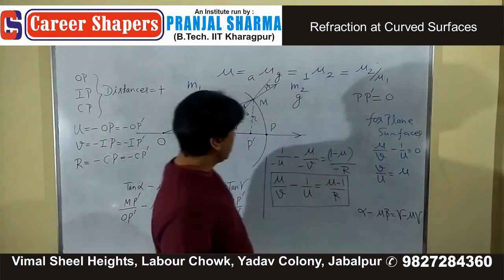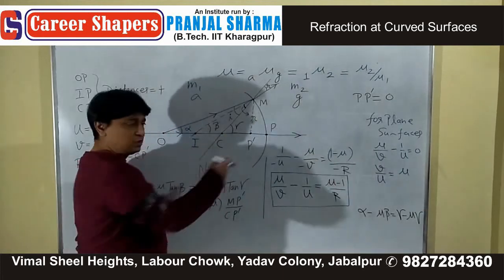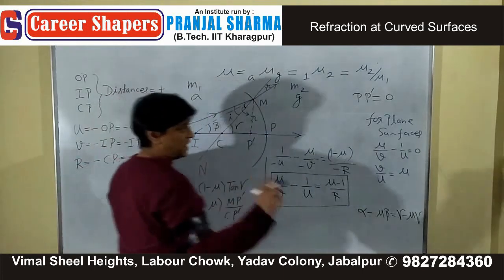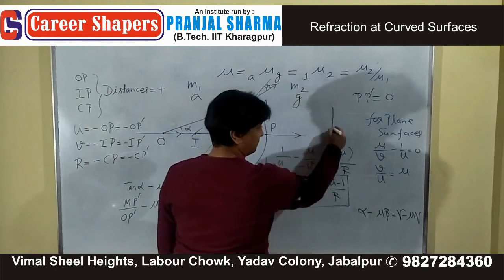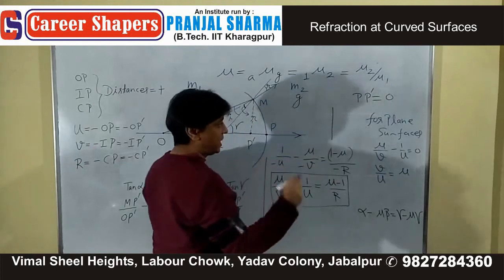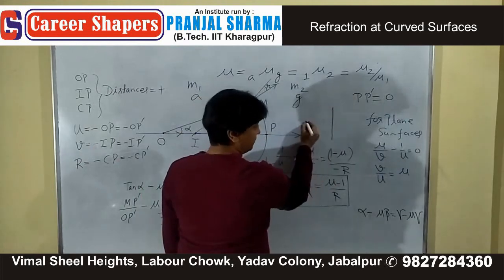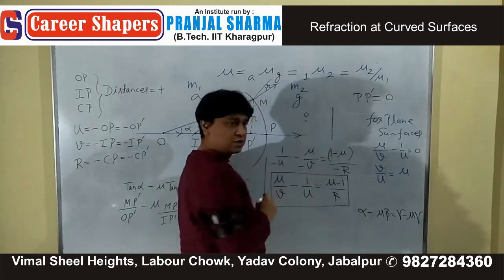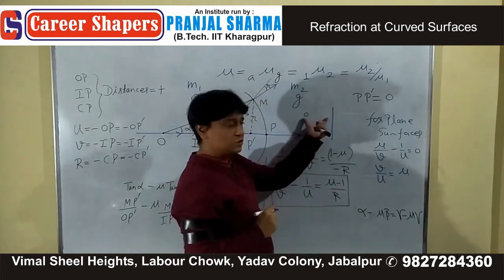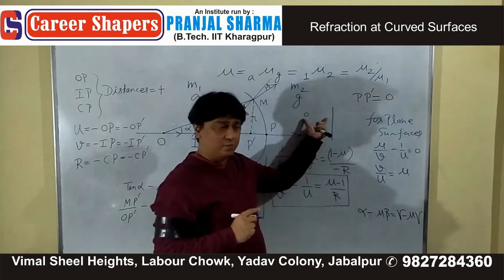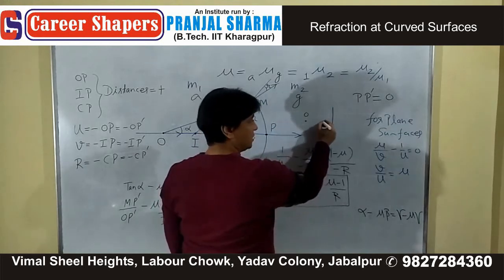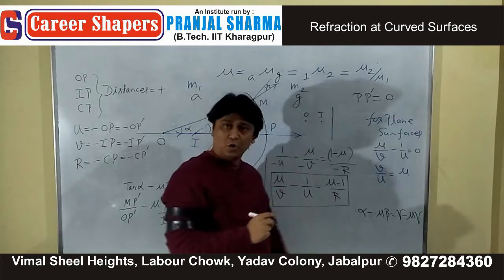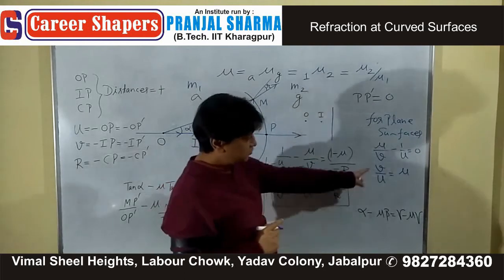Shift, cross multiply, V upon U equals to mu. If you consider the whole curved surface as a flat surface like this, then for this flat surface, object was called HO. Image was called HI. That's what you see.